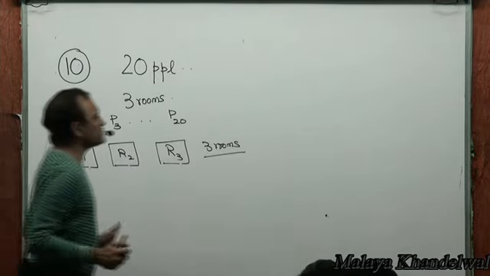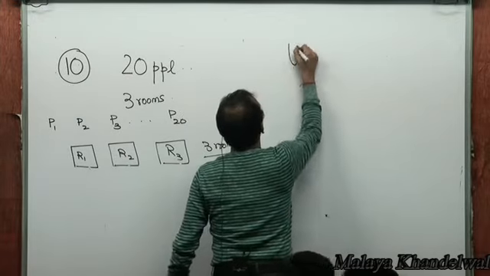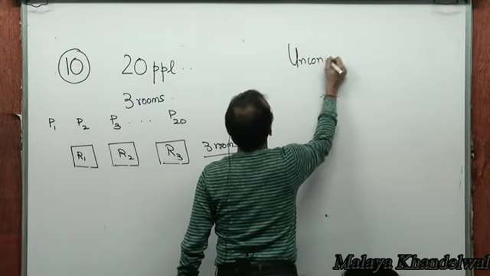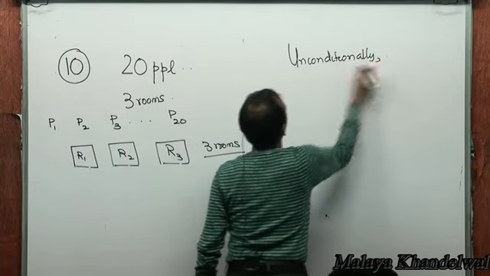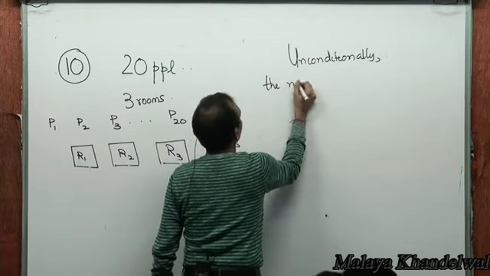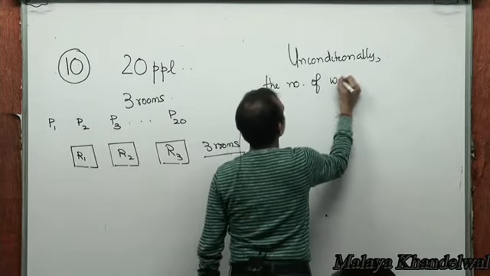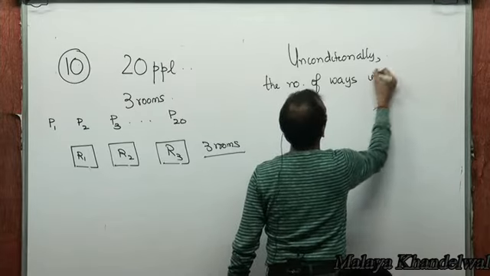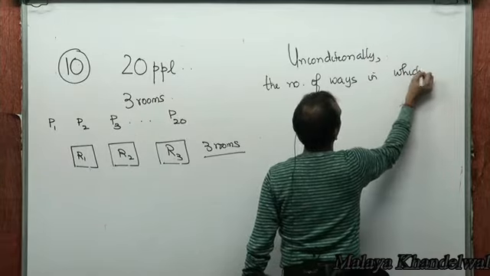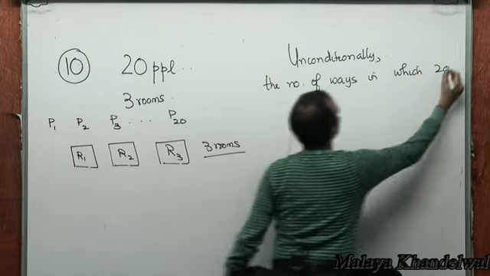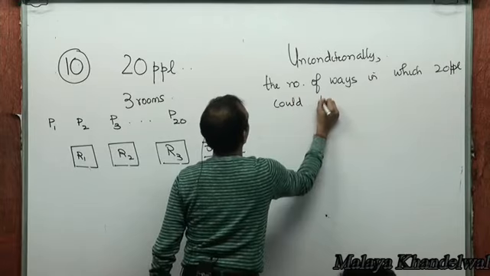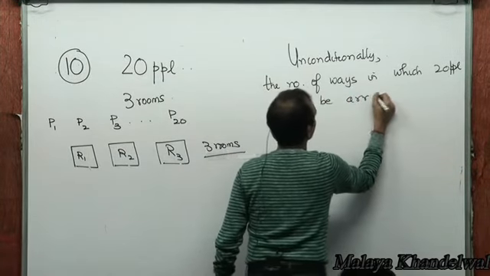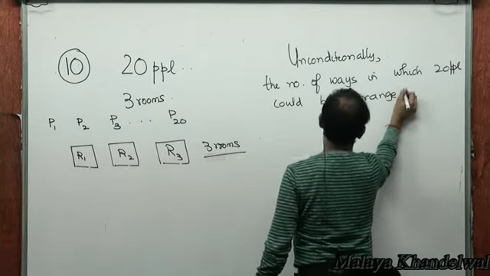Now, if there was no condition, unconditionally, the number of ways in which 20 people could be arranged is how much?